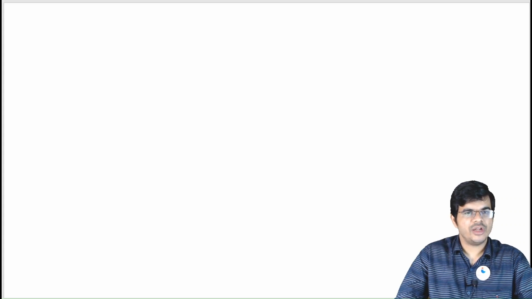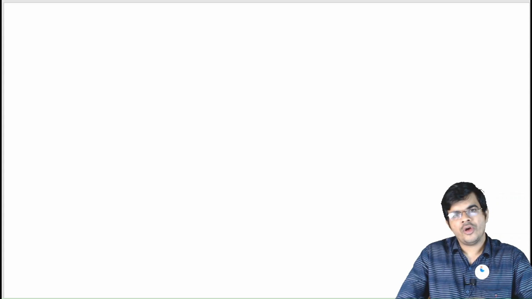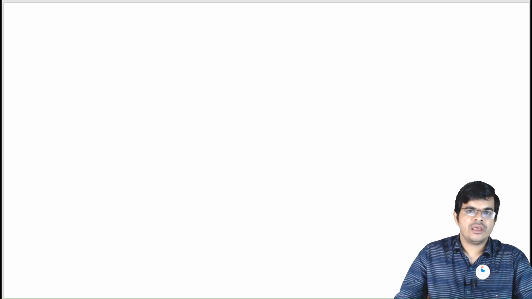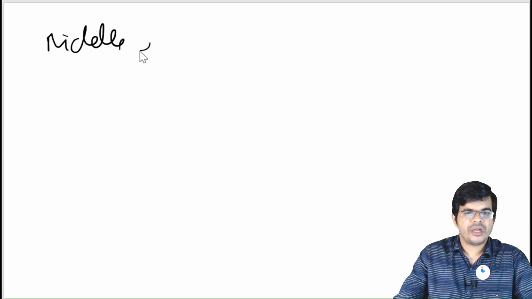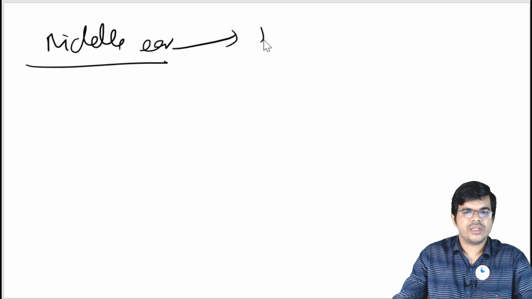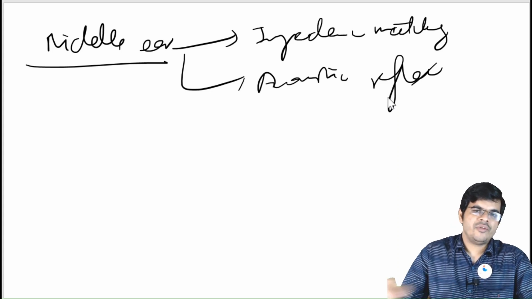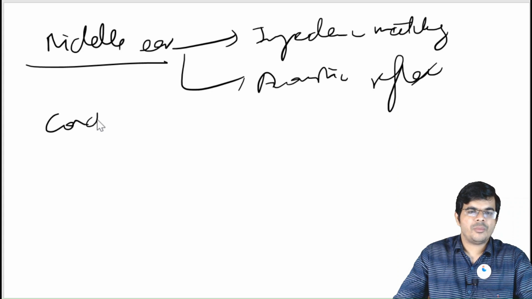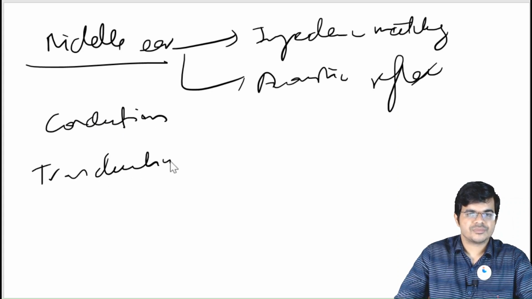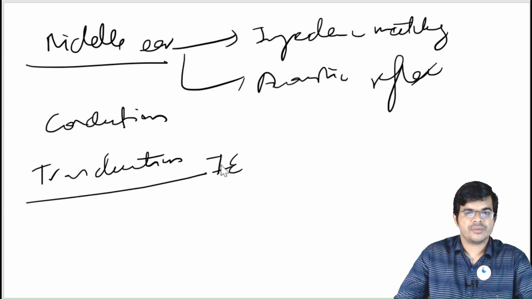So what are the things that we learned today? First of all, we learned that for hearing you need the middle ear impedance matching. Middle ear has got a very important role in impedance matching, as well as acoustic reflex. That is the first thing we learned today. And then we learned that apart from conduction through the middle ear, you need to have transduction, which occurs at the inner ear.